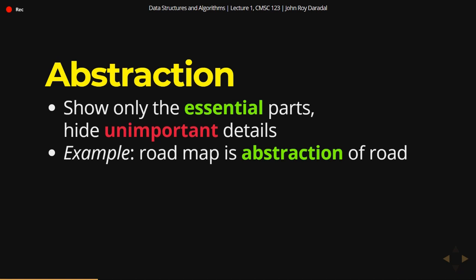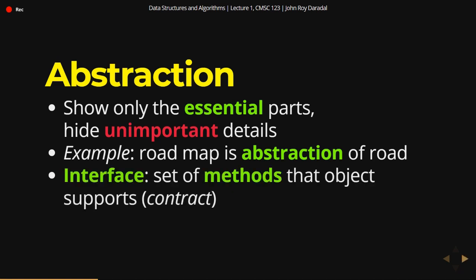In a roadmap, you will only need to draw, let's say, whether the road bends to the left or to the right, or is it straight, what's the scaled distance, right? Is it 1 kilometer or 2 kilometers, and so on. So you only need to keep the essential parts. The unimportant details, like whether the road has bumps or whether it's made of, let's say, asphalt or cement, that's not included anymore in the roadmap. So you only keep the essential parts and you hide the unimportant details.